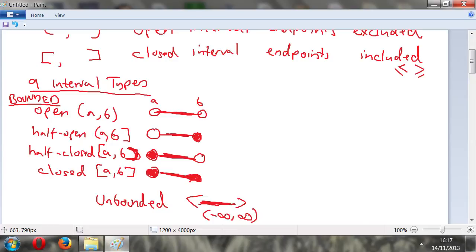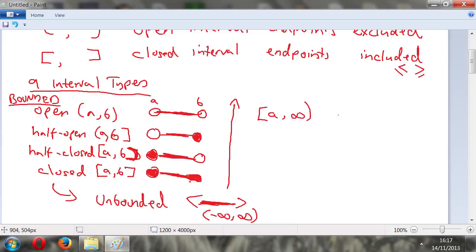But of course, we could perhaps do something like this. We have a closed on the left, so that's going to be included, and then we're going to go up to infinity, and that's obviously going to have to be unbounded and open.